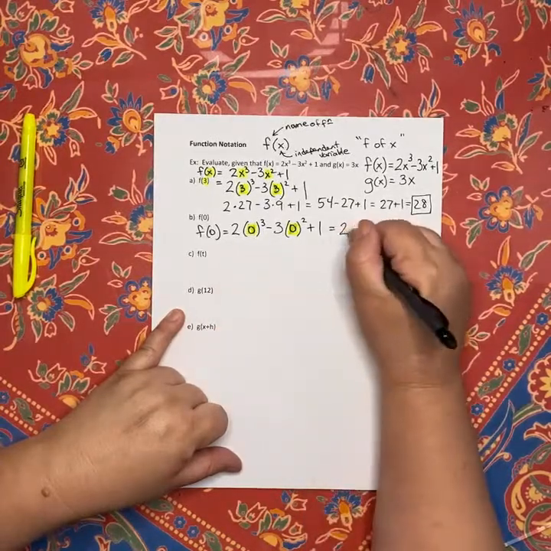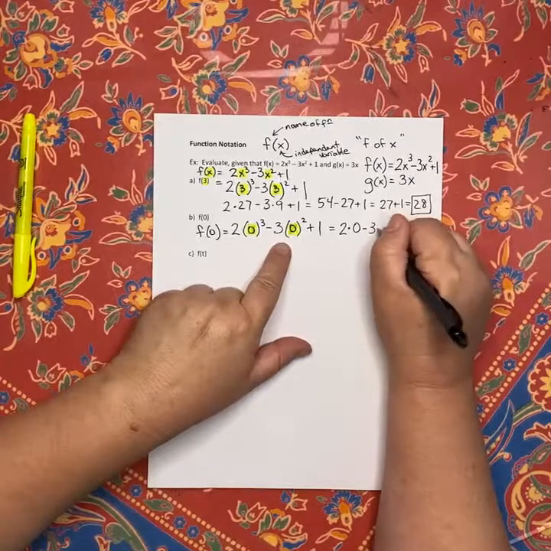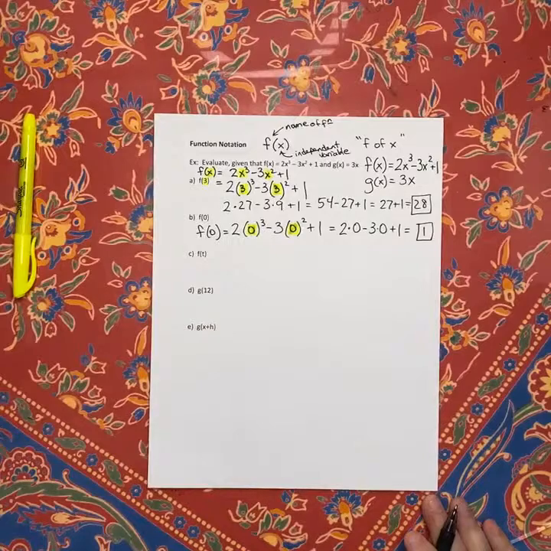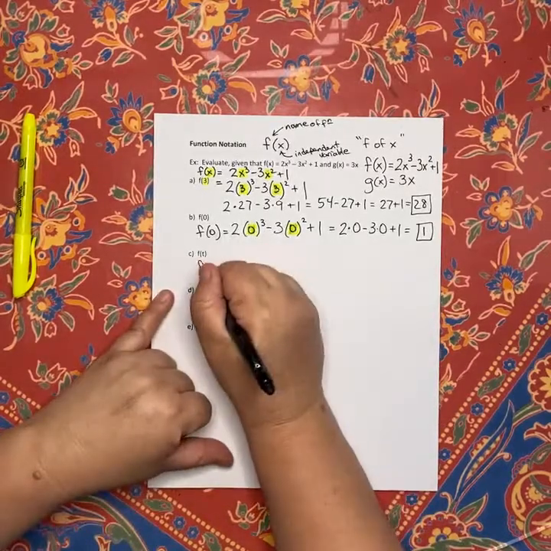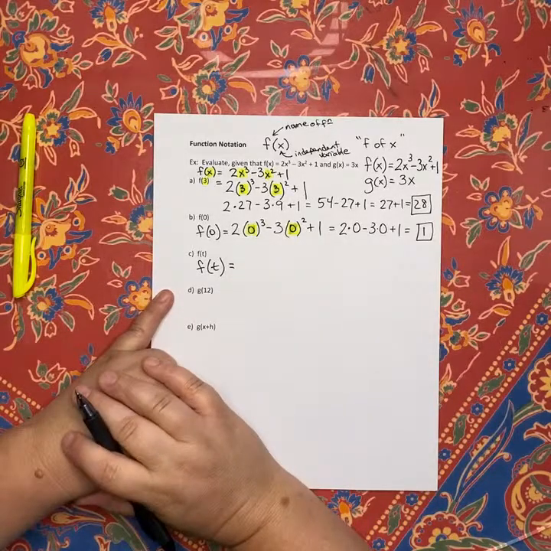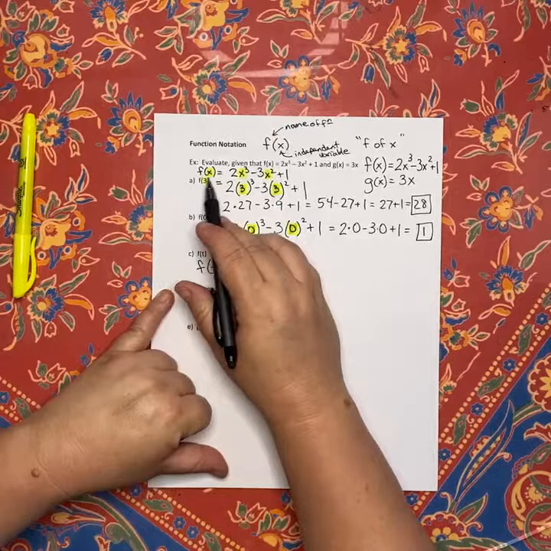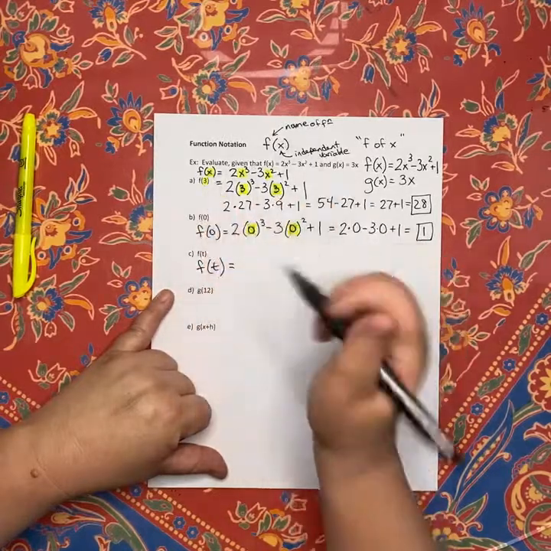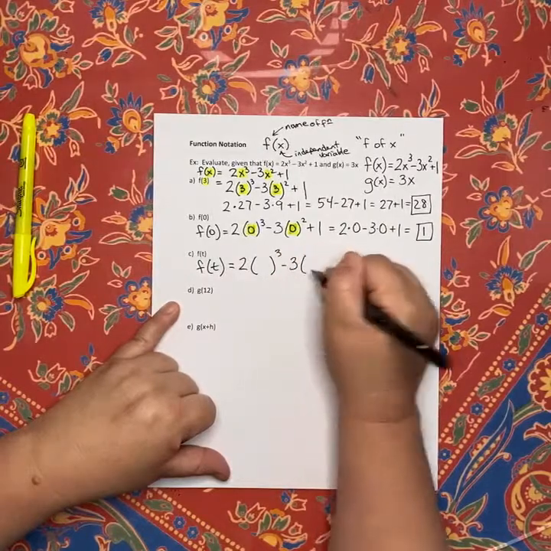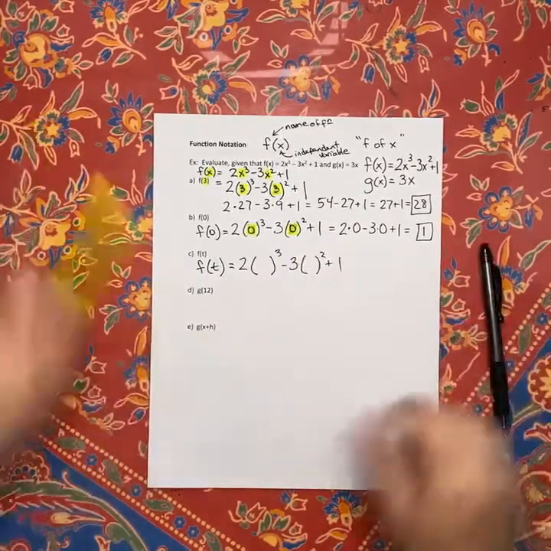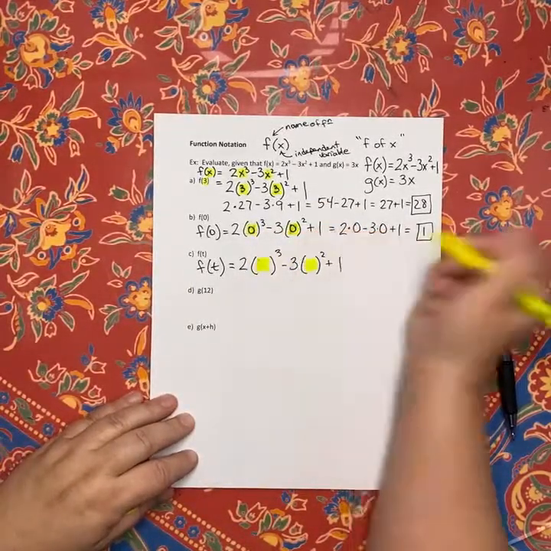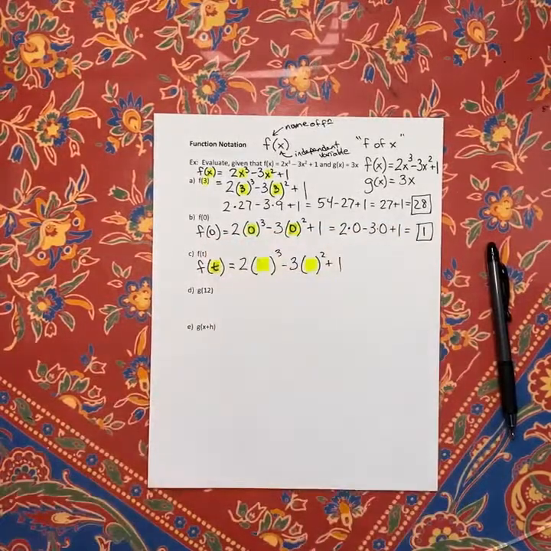So 2 times 0 minus 3 times 0 plus 1, that'll just give us 1. Okay. Now how about f of t? Well, f of t is going to be what happens when I take f of x and I plug in t wherever I got the x. So 2 times t cubed minus 3 times t squared plus 1. Look at me learning to do the yellow first and then write in the t. I'm learning.